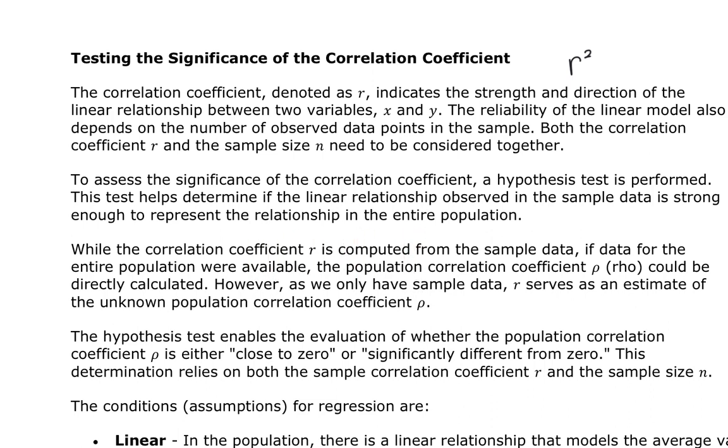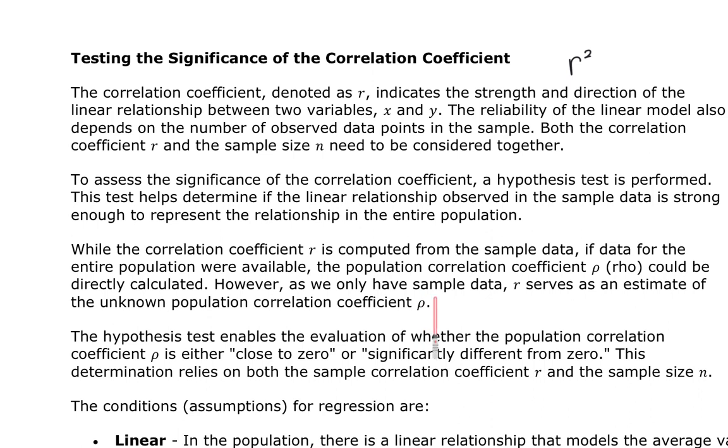When the correlation coefficient R is computed from the sample, if the data for the entire population were known, then we'd have the correlation coefficient rho that could be directly calculated. Rho is the population parameter, just like mu is the population parameter for the mean, and P is the population parameter for the proportion.